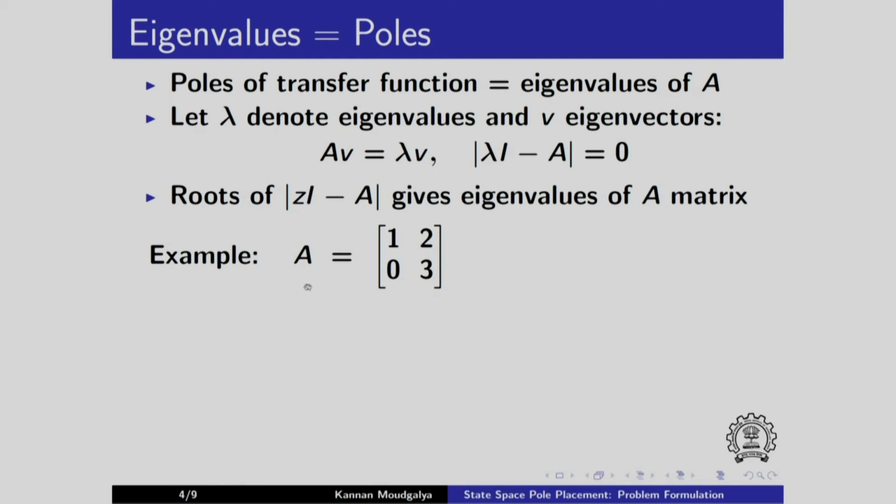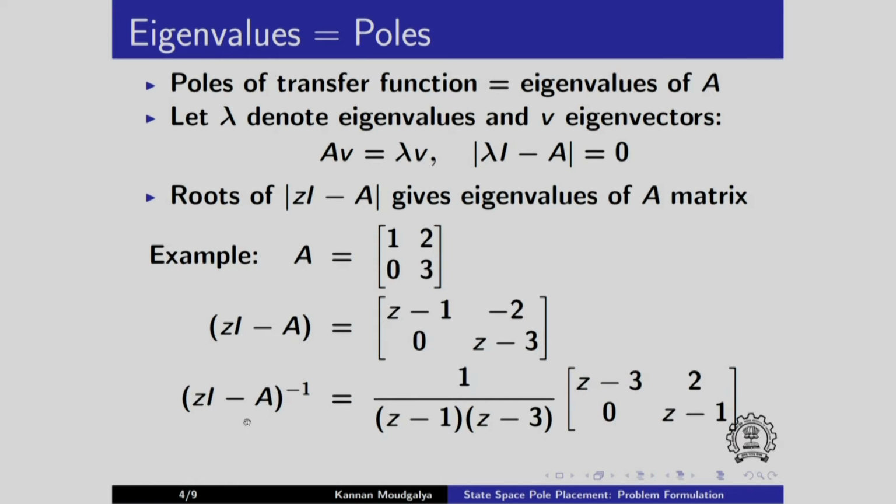Let us take this example. A is this 2 by 2 matrix. Let us calculate ZI minus A. We get this matrix. Let us find the inverse. So we have the determinant of this matrix here. Because it's upper triangular, you can calculate it directly.